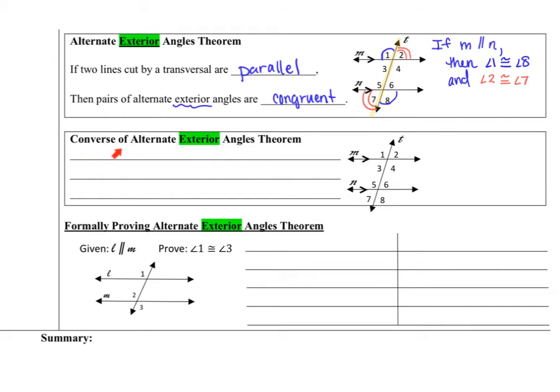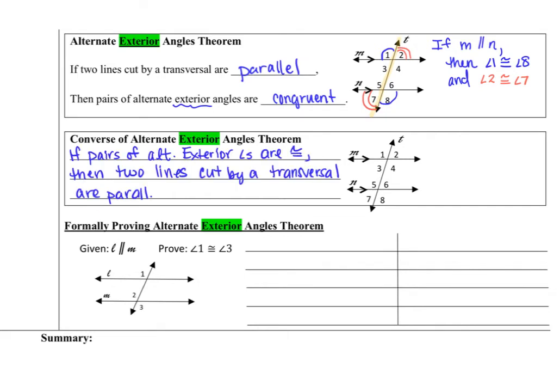For the converse of alternate exterior angles, we would switch these two statements. In the conditional statement, you're given parallel lines first, but for the converse, we state that the alternate exterior angles are congruent, which then proves that the lines are parallel. So go ahead and write your converse statement. T is my transversal, and this time we start with the angles.